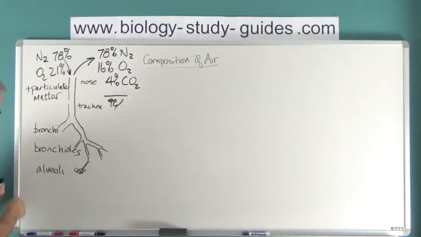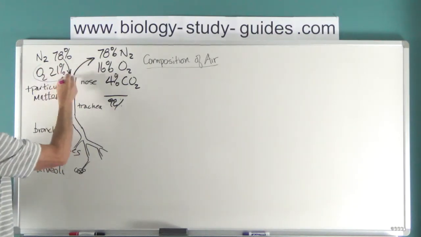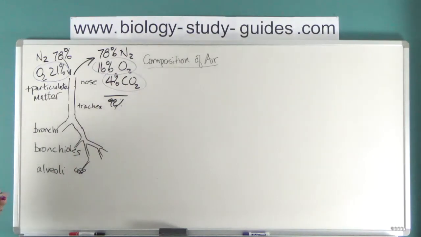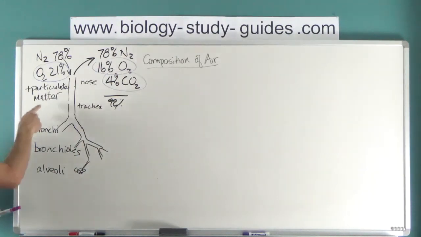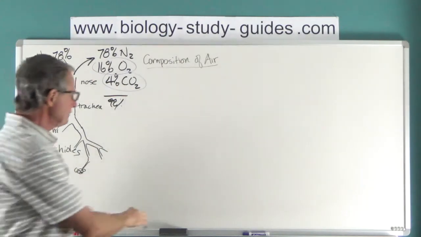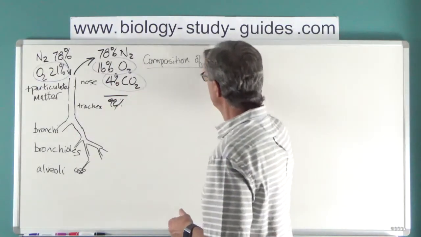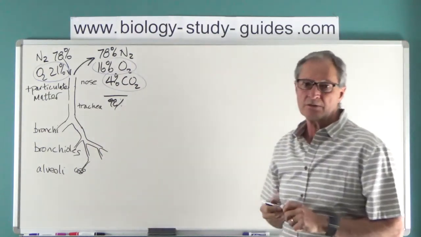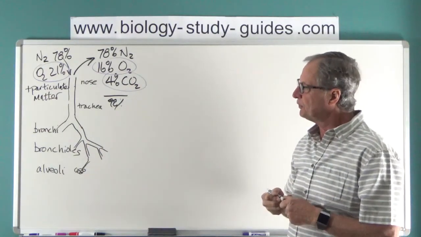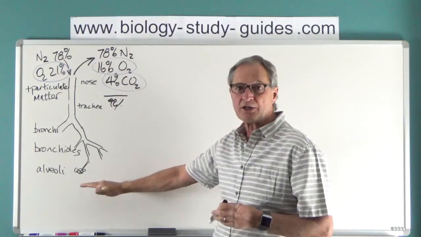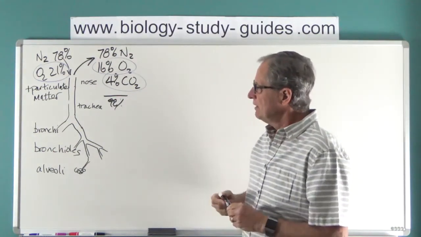The biggest change is right here. Right? Oxygen, oxygen, and carbon dioxide. That's the biggest change. Plus, what happened to the particulate matter? The purpose of this whole system is to get the oxygen into the body so our cells can use it.